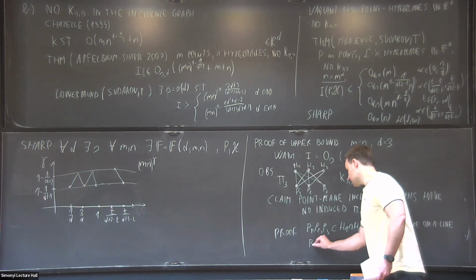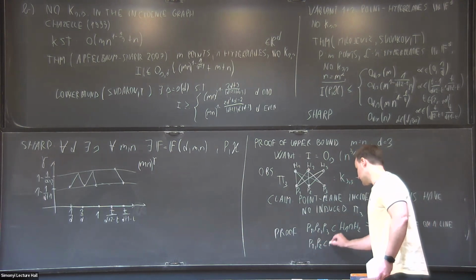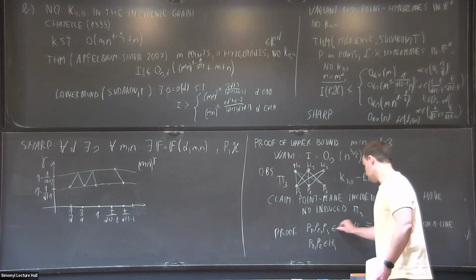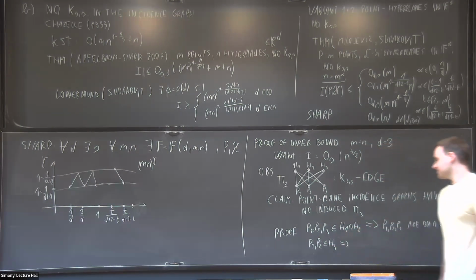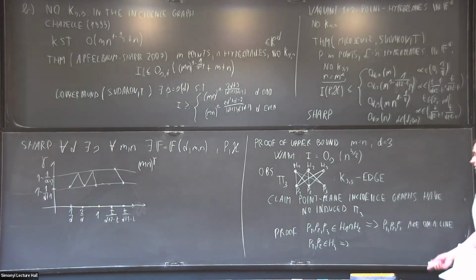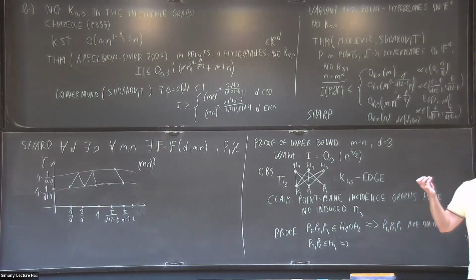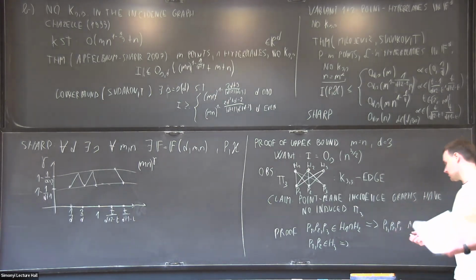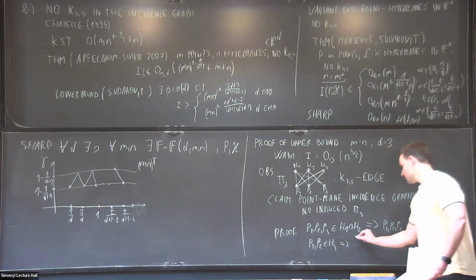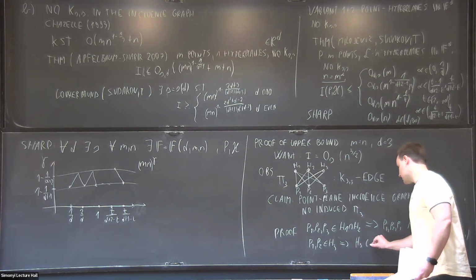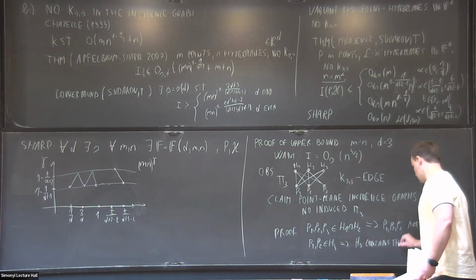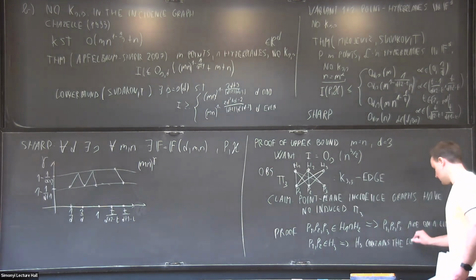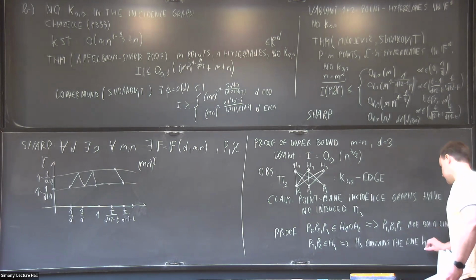But then it means that H3 contains the line spanned by P1 and P2, so it must contain P3 as well. So H3 contains the whole line. So this is a contradiction.